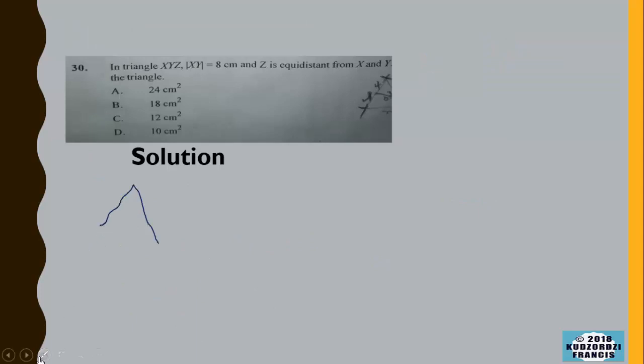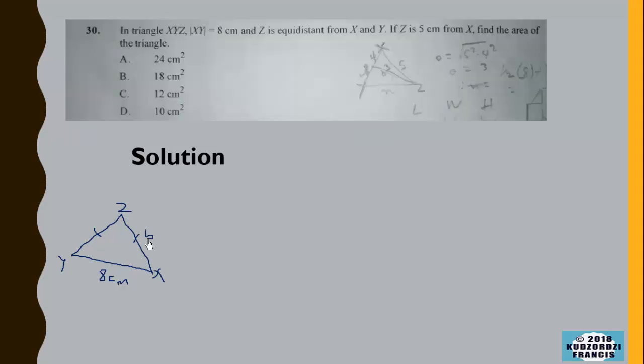Now we have this. So we're given the triangle. The triangle is given by this x, z, x, y. So we were told that z is equidistant from x and y, and xy is 8. So we were told that the distance from z to x is 5. So this is an isosceles triangle. So this is 5 centimeters. So we can now determine the height.